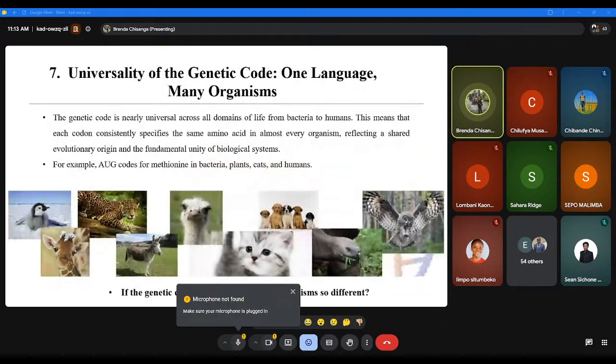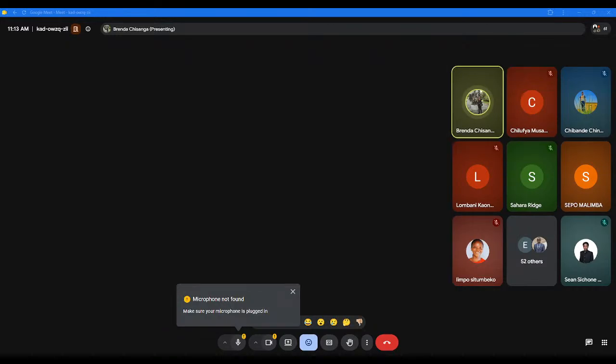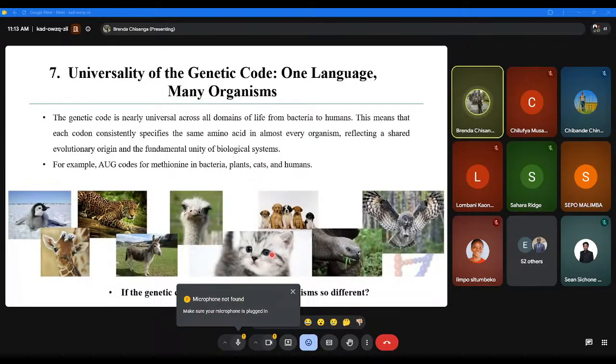And another interesting thing about the genetic code is that it is universal. What you see in the slide here, you can see a number of creatures. Most of us have seen some of them, some of us have not. If at home you have a dog or a cat or a chicken, there's no way in your mind you can think that the genetic instructions that allow your cells to function could be different.